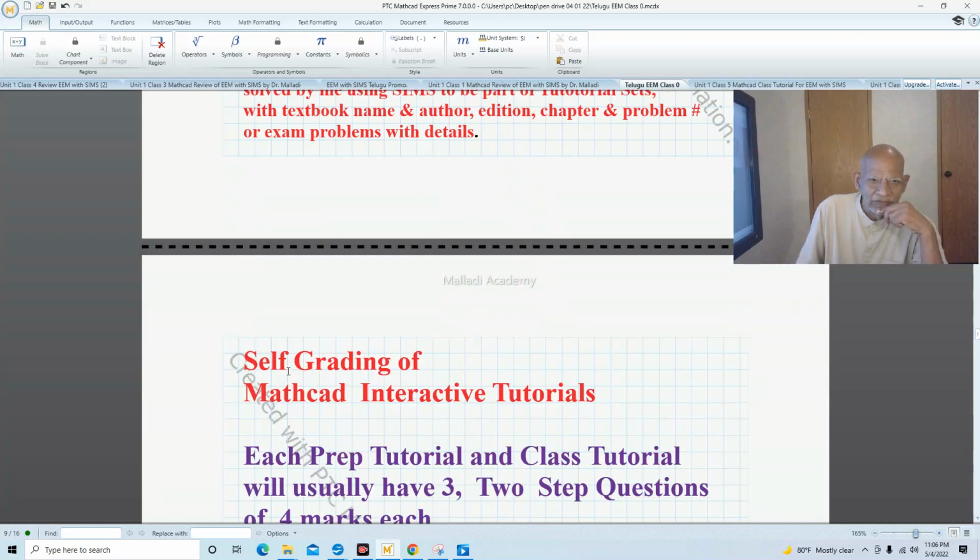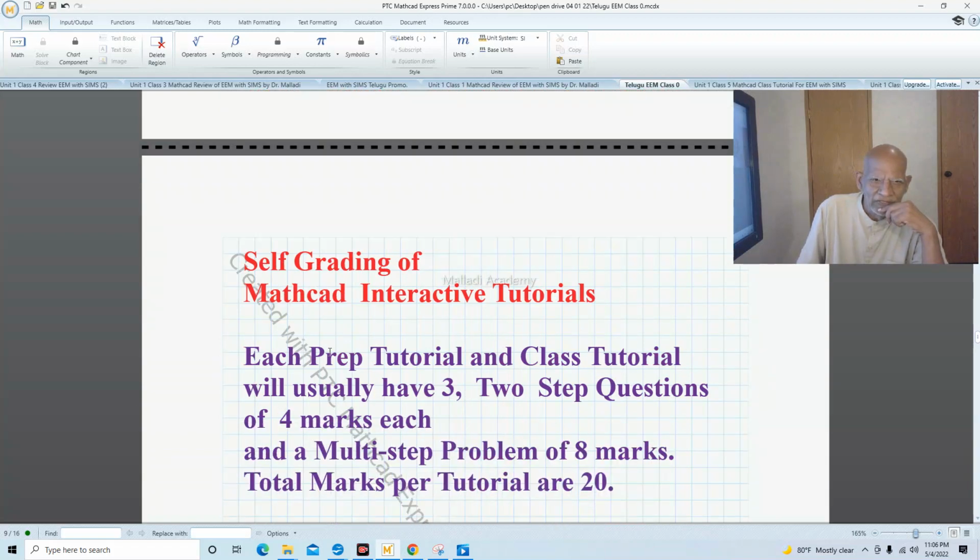Now, these tutorials are self-guiding, with grading of MathCAD interactive tutorials. How do we do that? Each prep tutorial and class tutorial will usually have 3 two-step questions of 4 marks each, totaling 12, and then a multi-step problem of 8 marks. Total marks per tutorial are 20.